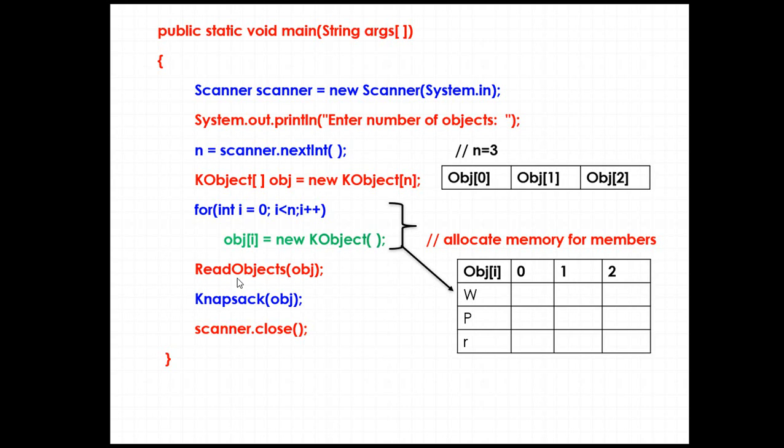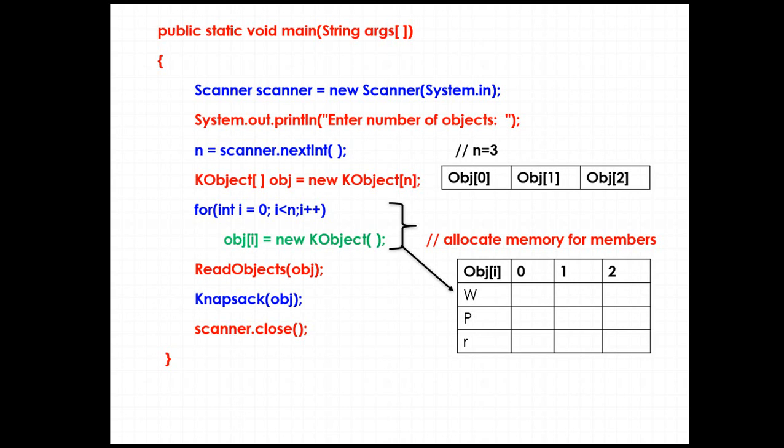Next, after reading the values, we are also going to perform the division operation, that is the P by W operation. Once we are done with dividing the values, that is going to be stored in R, right? After calculating the ratio of each object, the next step is we are going to sort them according to the values of the ratio.